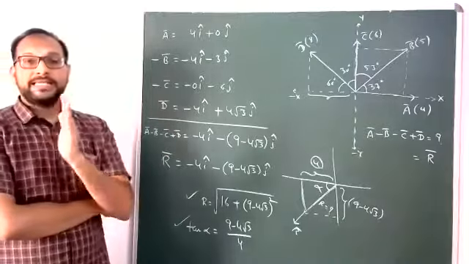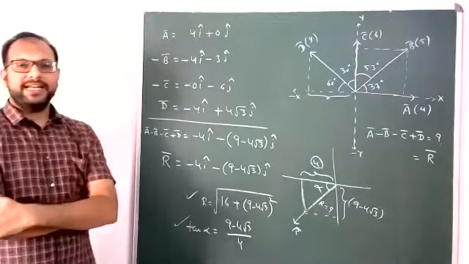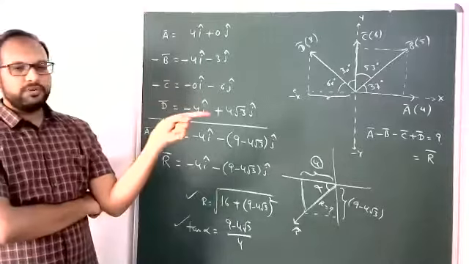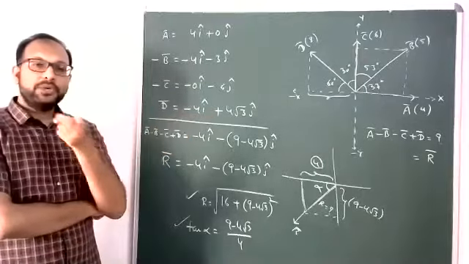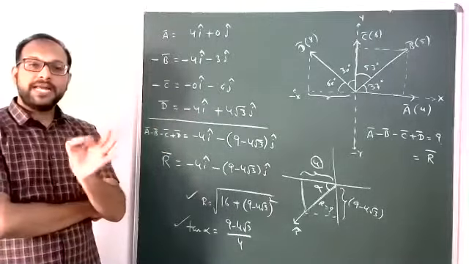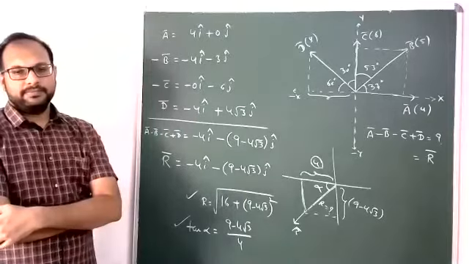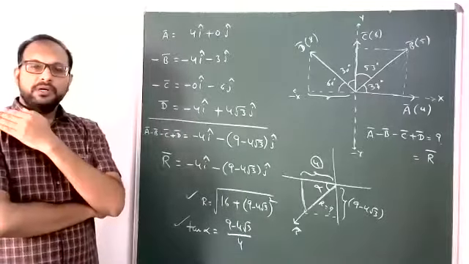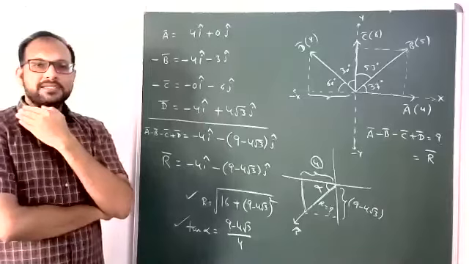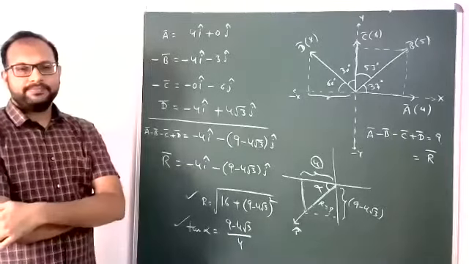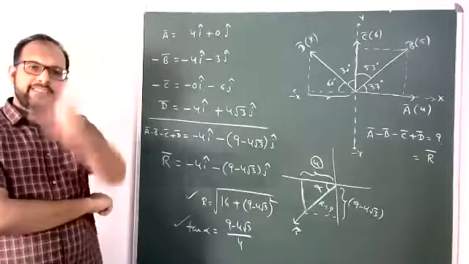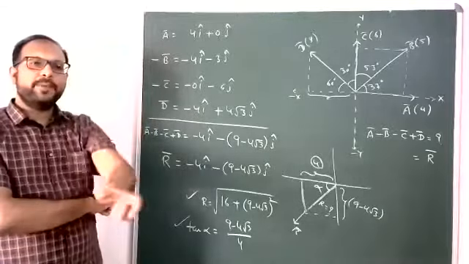So that's why I completed resolution first, very clearly. Once we know resolution, you can do addition and subtraction very simply. First resolve all vectors along x and y. All x components on one side, y components on the other side.